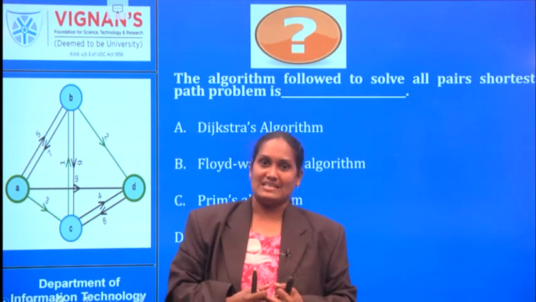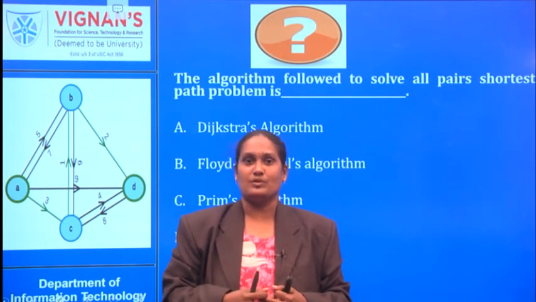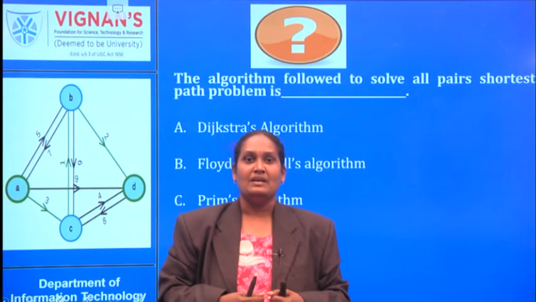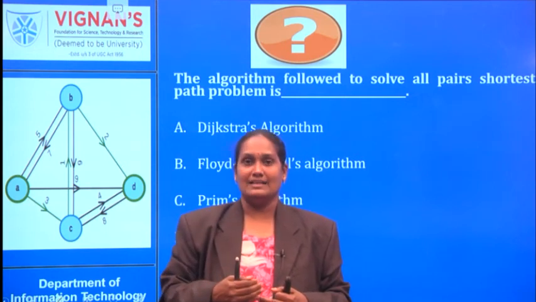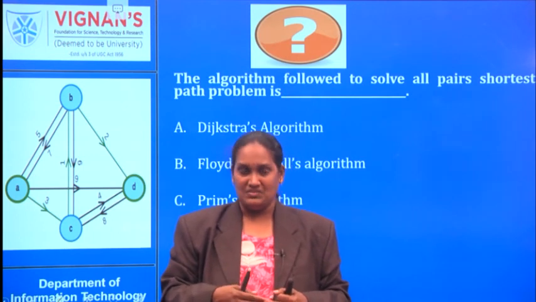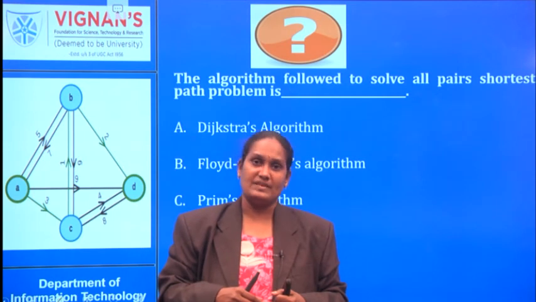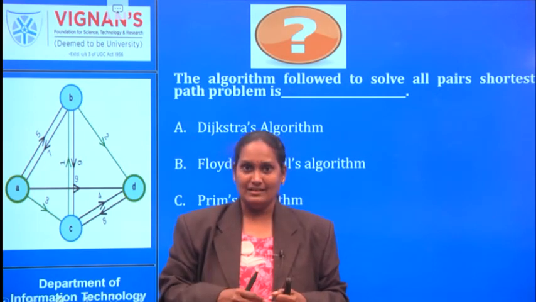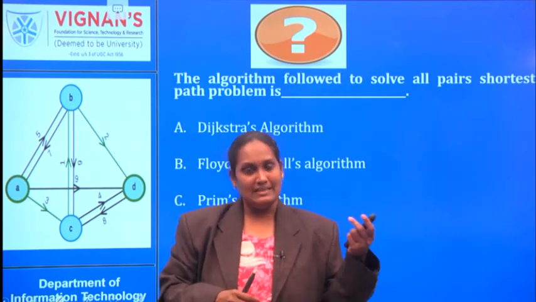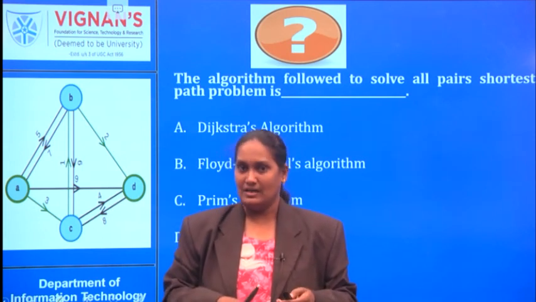In this session we explained what is all pairs shortest path problem, what is its statement, and also how to solve that particular problem manually, and also we saw an algorithm developed using dynamic programming to find the shortest paths between all pairs of vertices in the given graph. We also saw an example problem of how the values are updated.